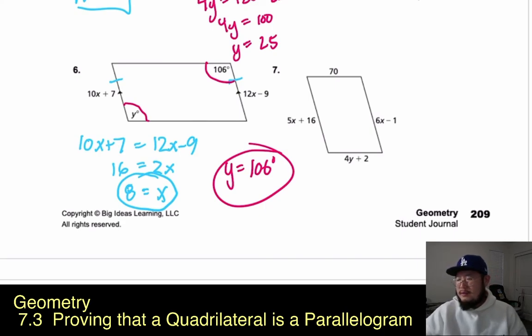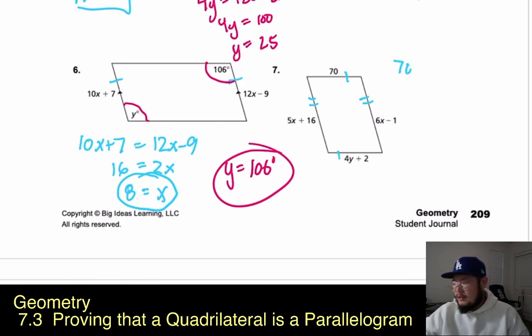All right, this is a parallelogram, remember, because they tell us in the beginning to make the quadrilateral a parallelogram. So we'll take the opposite sides congruent right here. Easiest way to go about this, and the only way, is the converse. And so let's go ahead and put 70 is equal to 4y plus 2.